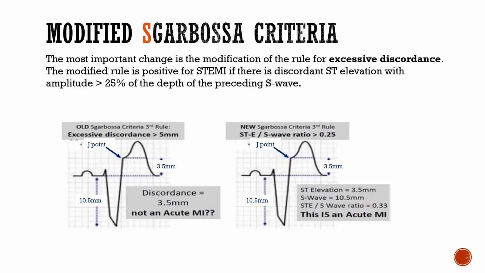However, using the new Sgarbossa criteria, in which the ST elevation to S wave ratio must be greater than 25%, we see that this is an acute MI because the ST elevation is 3.5 millimeters, the S wave is 10.5 millimeters, and 3.5 over 10.5 is 0.33, which is greater than 25%. Therefore, this is truly an acute MI.